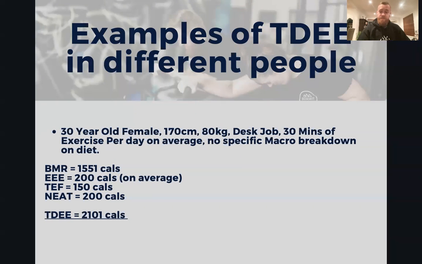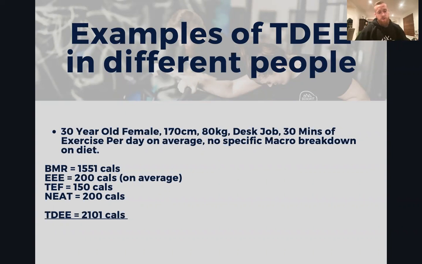And then we're going to minus her age times 5, so minus 30 times 5. And then lastly, as a female, we're going to minus 161, which brings us to a BMR of 1,551.5. I hope I said that correctly. I'm just going to round that down to 1,551.